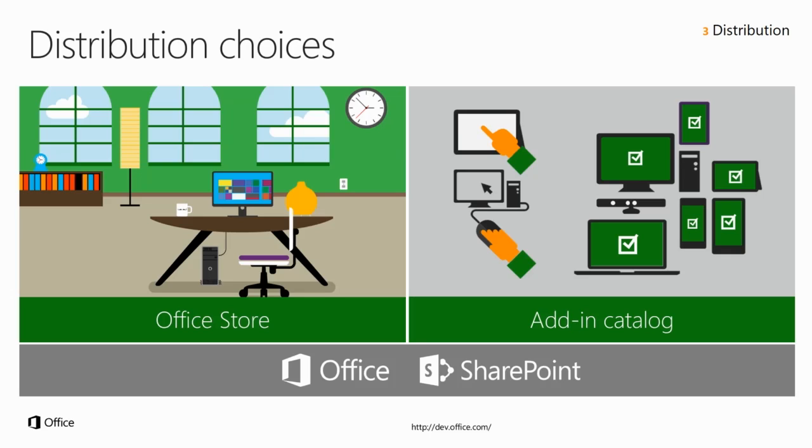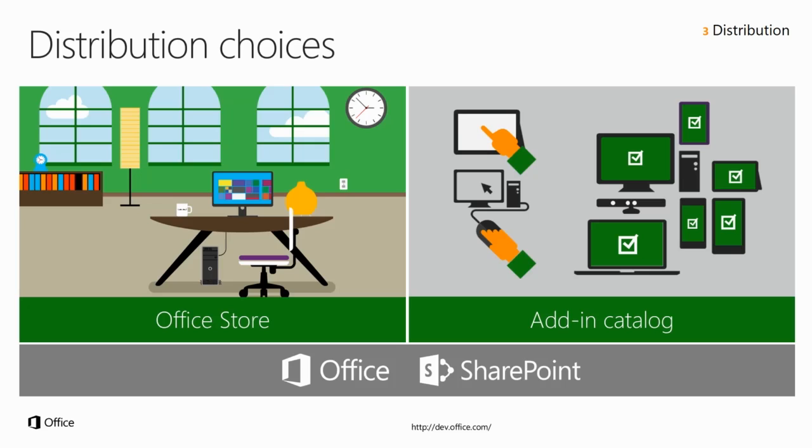Now, if you're developing inside of an organization, there's the option to have your own private environment where you can publish your applications to your own private store, which is sitting on SharePoint. So you have your own add-in catalog, only available to users inside of your organization. Or, if you don't want to publish to SharePoint, you can, as I've done here on my demo machine, just create what we call a shared folder.